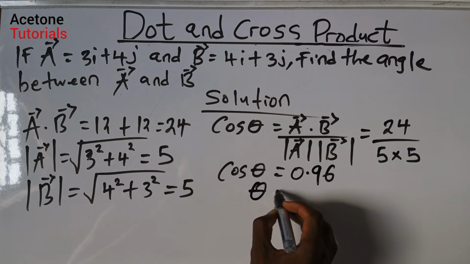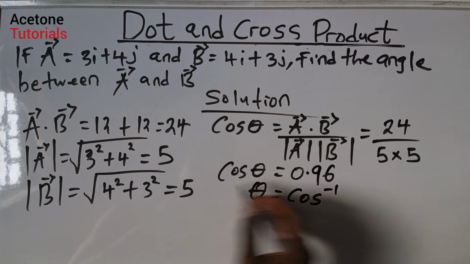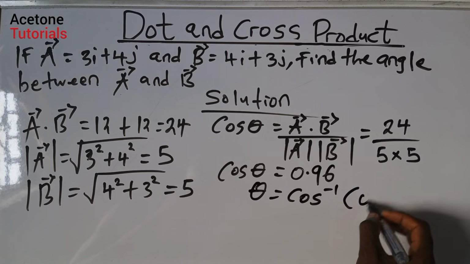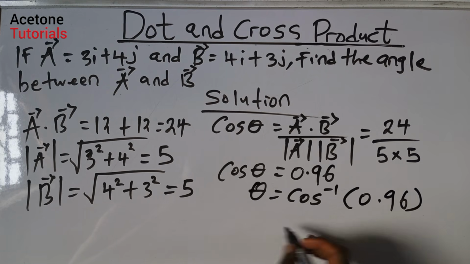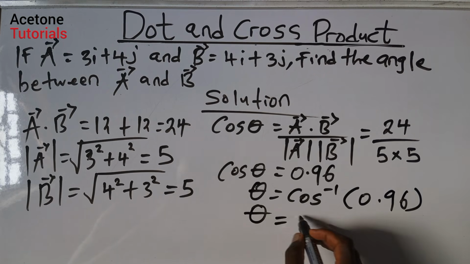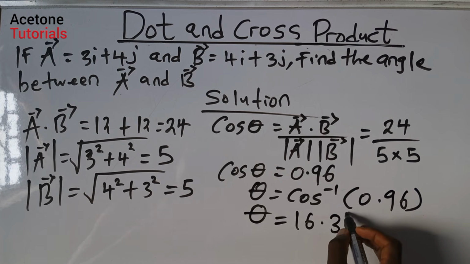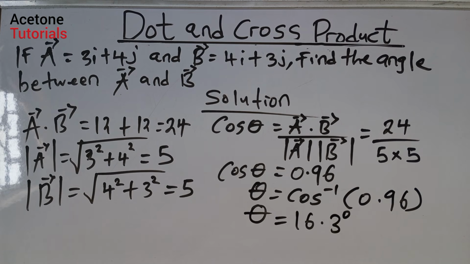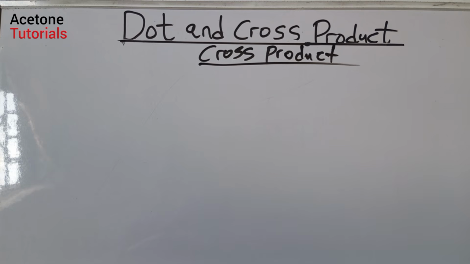So theta equals arccos of 0.96, and that is equal to 16.3 degrees. So that is the angle between vector A and vector B, 16.3 degrees. The next thing is the cross product.